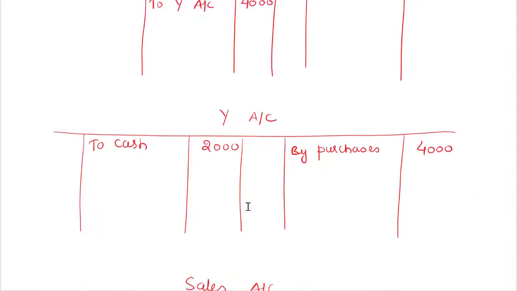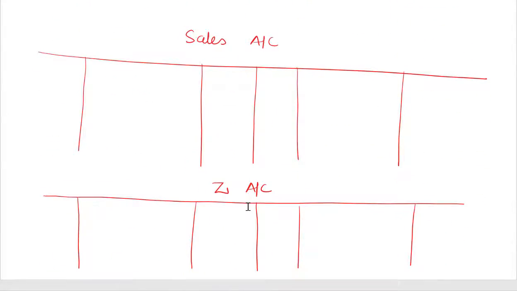So we will record in Z and sales. In Z's account we are recording it as to sales account 4,000, and in sales we will record by Z account 4,000. Is it clear to all of you?